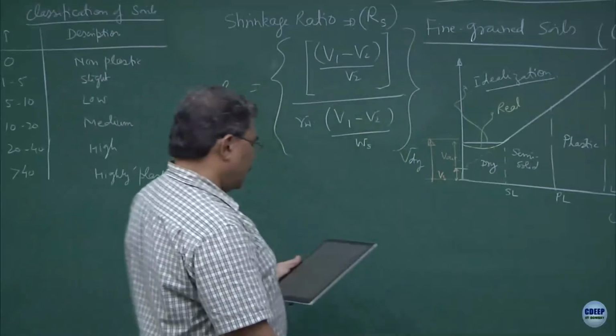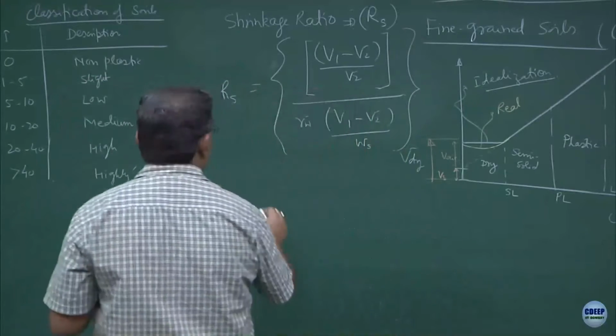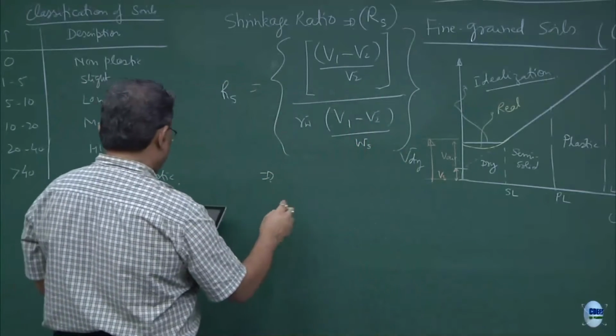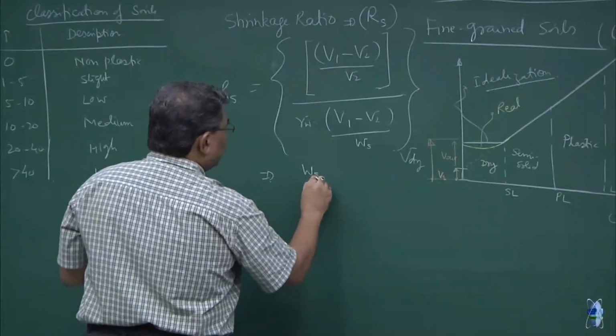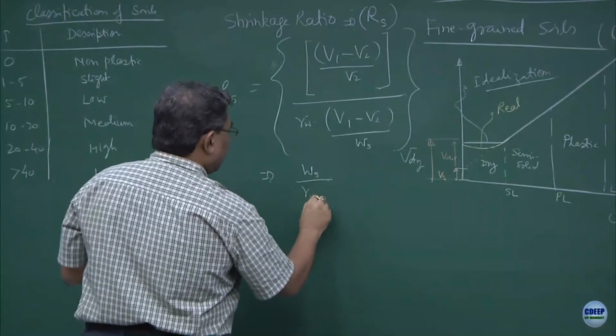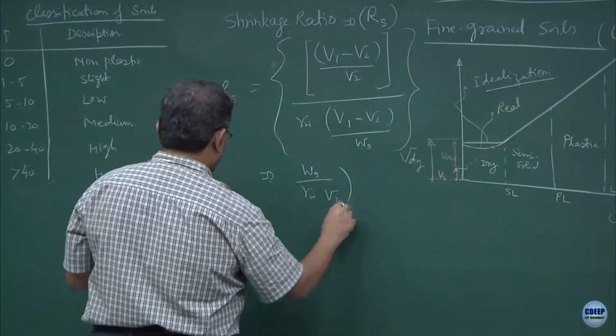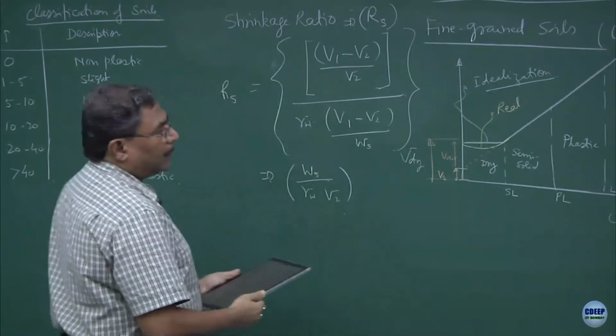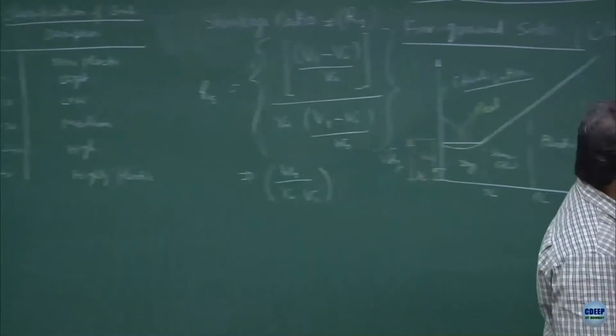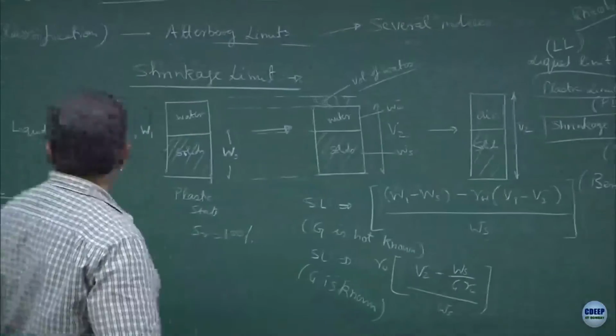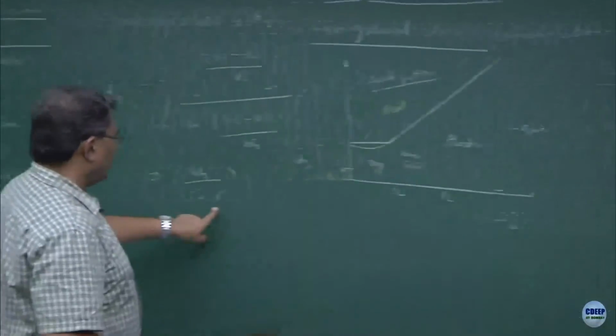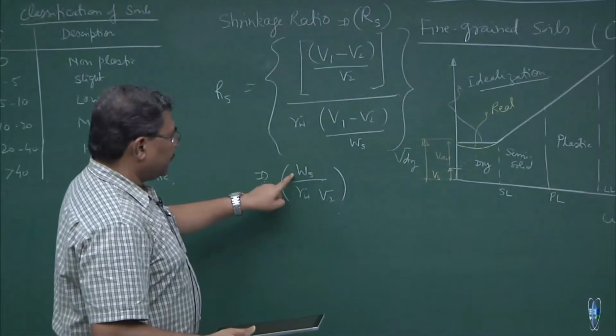Rs. If you solve this expression, what you will be getting is weight of solids divided by gamma W into V2. That means, after drying, if I have achieved the state of volume V2, I can substitute it over here. Ws is the weight of the solids.